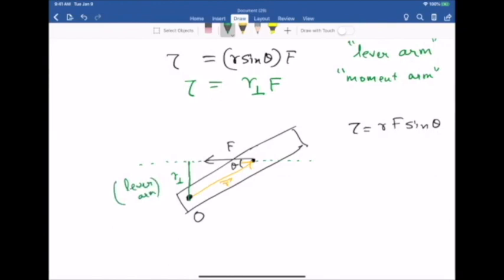Green line is your lever arm. So if you wanted to find the torque using the lever arm, it would just be the force multiplied by the lever arm. Okay. So these are two formulas which give you the magnitude of the torque. And once again, please be absolutely clear about what is R and what is R perpendicular. All right.